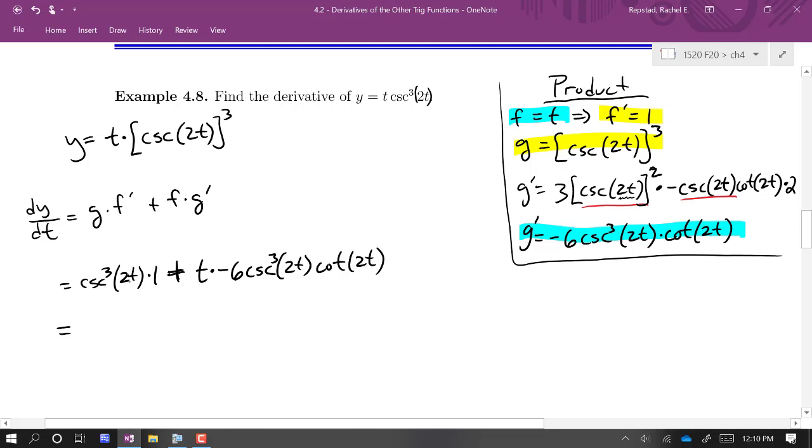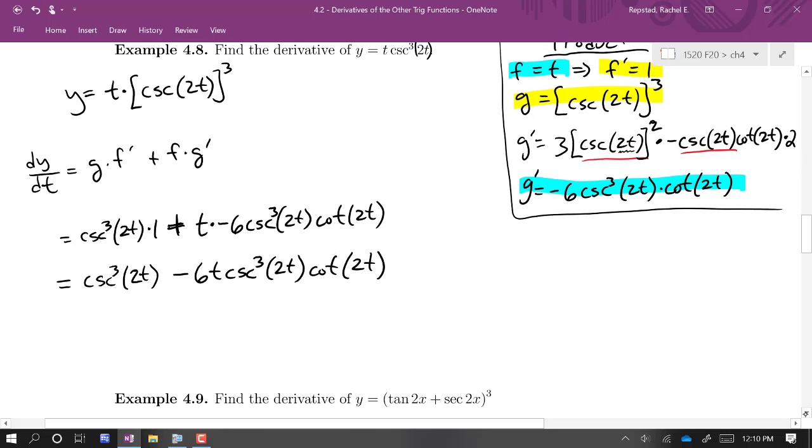I'm going to clean this up just a little bit, and then we'll make maybe another move to simplify. So I've got cosecant cubed 2t at first, for our first term, and then minus 6t cosecant cubed 2t cotan 2t. And then I think we could do one more thing to simplify.